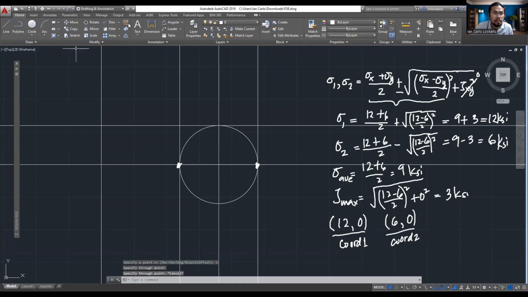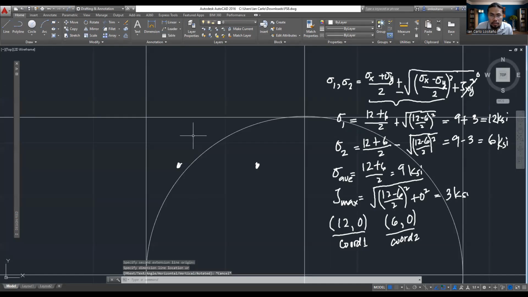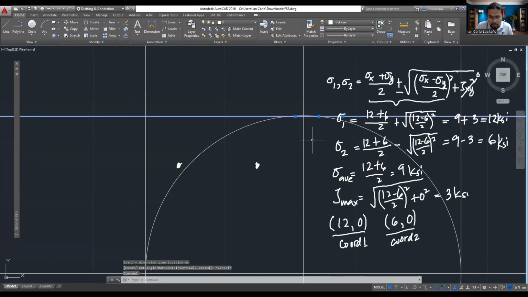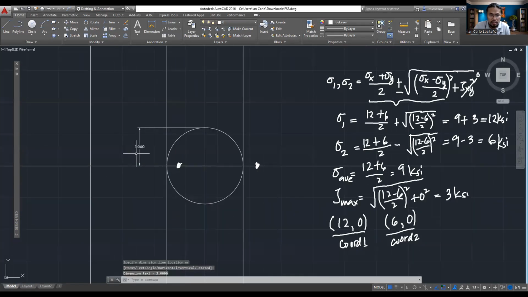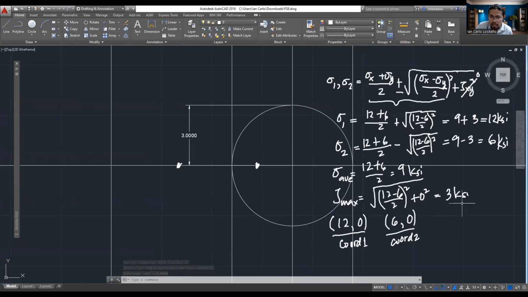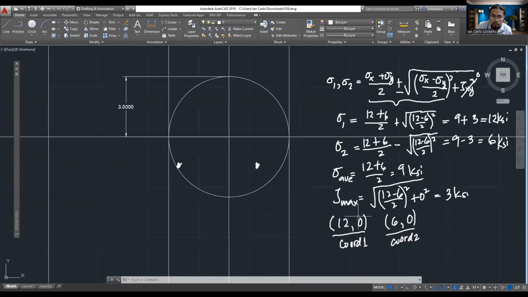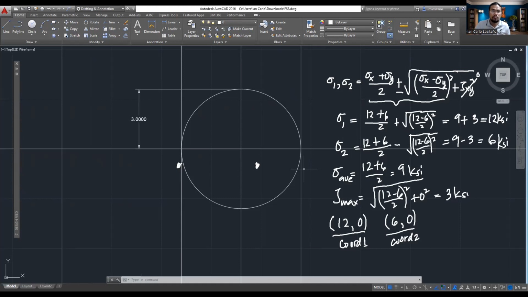We are just going to get the linear distance of this, which is actually just, oh sorry, there's something wrong. I just delete this one. It's off tangent. So we have the midpoint, and we get the maximum value of the circle. That's this point, so it's supposedly 3, right? So it's exactly 3. So it's the maximum shear stress that we have, and it's 3 KSI as what we computed. So that's how you create the Mohr circle.